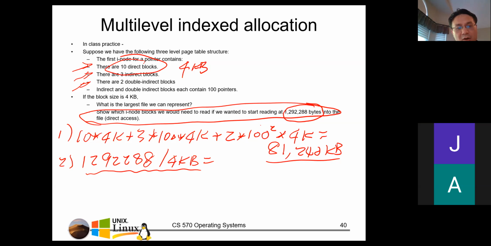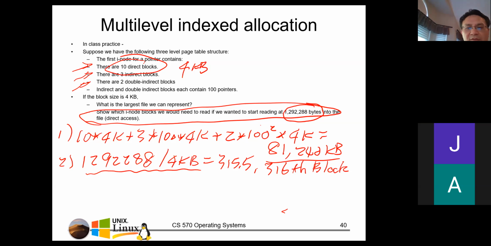If you expand all of the indirect levels to one level, this would give you 315.5. So it's sort of like the 316th block, right?